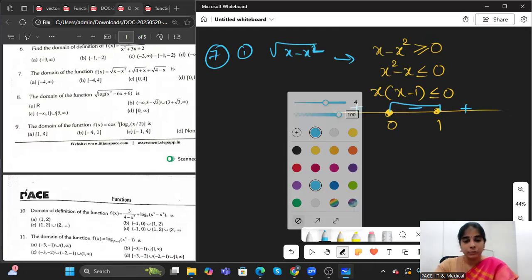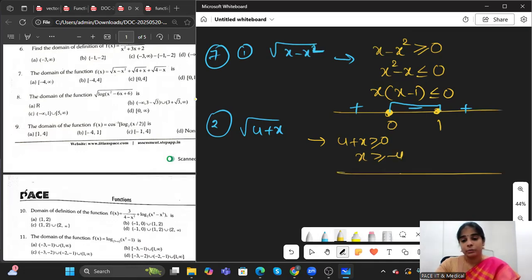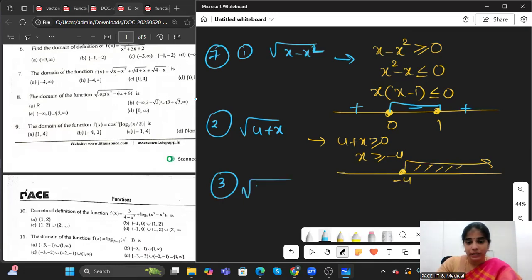Right. Now, going with my second case there. So, what is that? That is under root of 4 plus x. Whatever be under the root, that value 4 plus x should always be greater than or equal to 0, which means x greater than or equal to minus 4. So that will be another number line which I am drawing towards the right, which is greater. Now for the third one, I have under root 4 minus x.